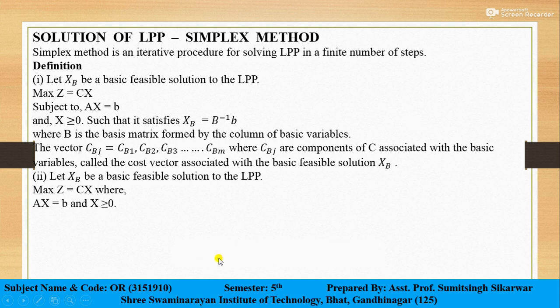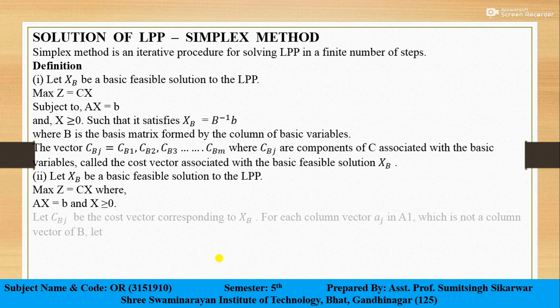Now we need to consider cb, which is the cost vector corresponding to xb, for each column of vector aj in the A matrix, which is not a column of the vector of B.